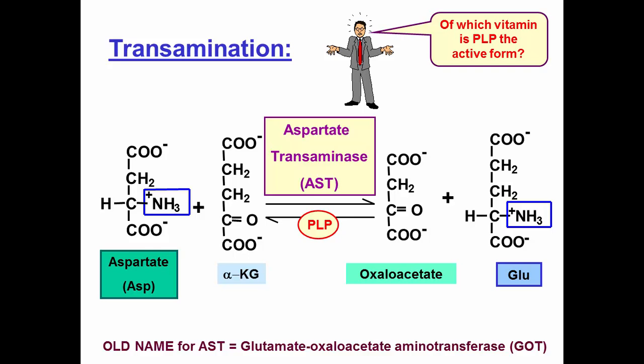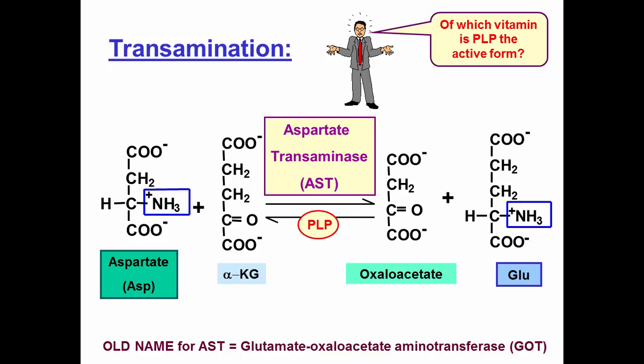So remember again that they are reversible reactions, that they can go in both directions. I'm showing them in the direction that they're going in the fed state. I'm writing them left to right to form glutamate, because that's what we're doing. In the fed state, we're making glutamate from other amino acids, including aspartate and alanine.